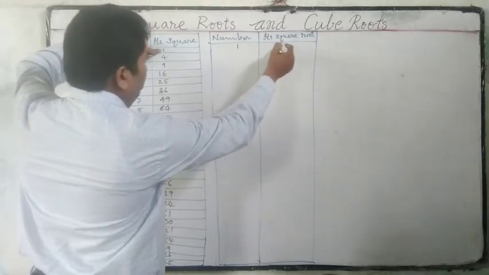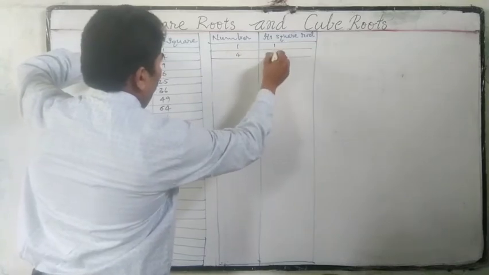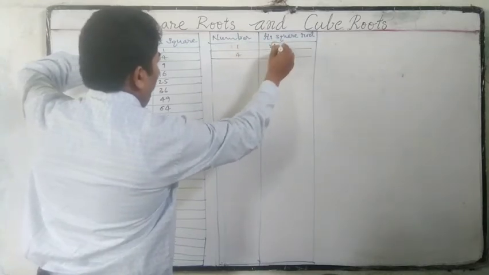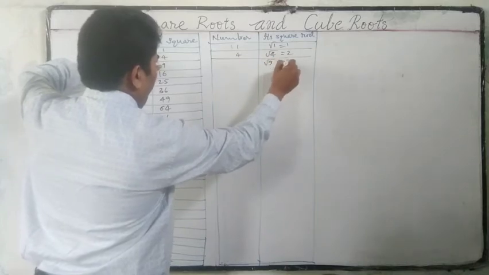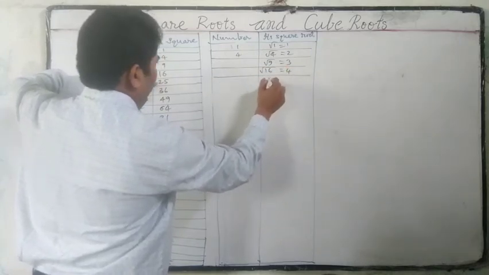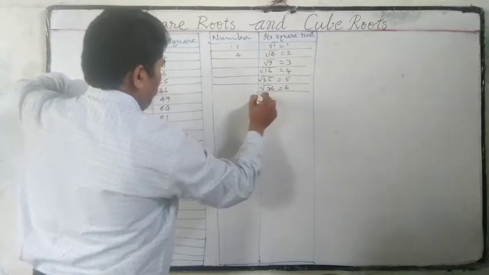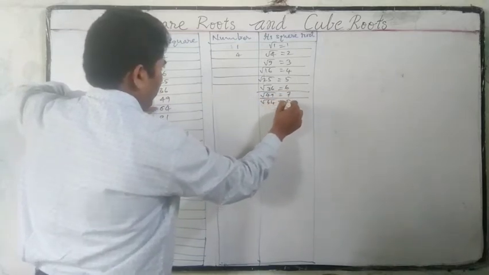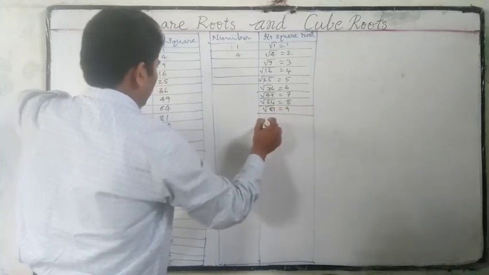Square root of 1, 1, square root of 4, 2, square root of 9, 3, square root of 16, 4, square root of 25, 5, square root of 36, 6, square root of 49, 7, square root of 64, 8, square root of 81, 9.